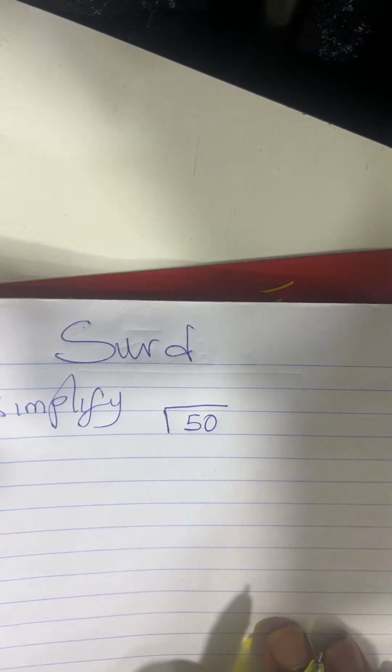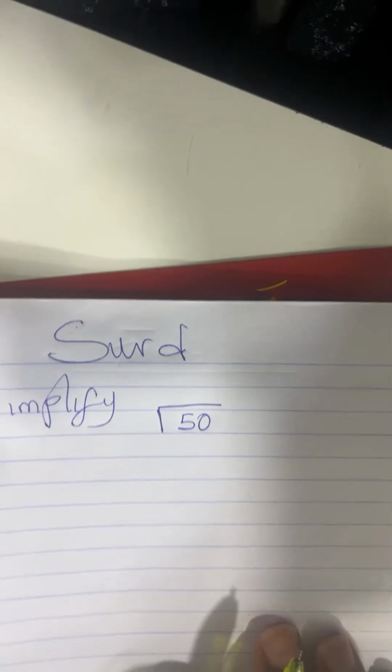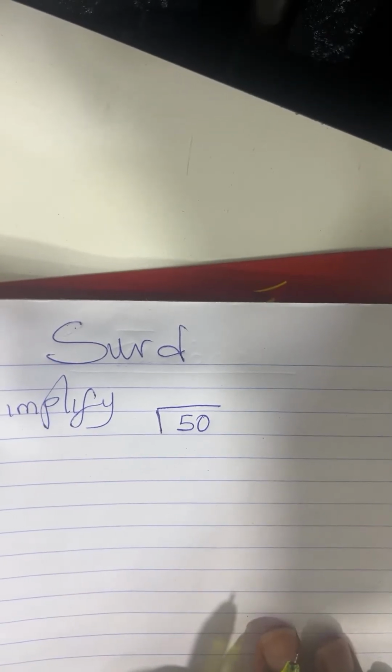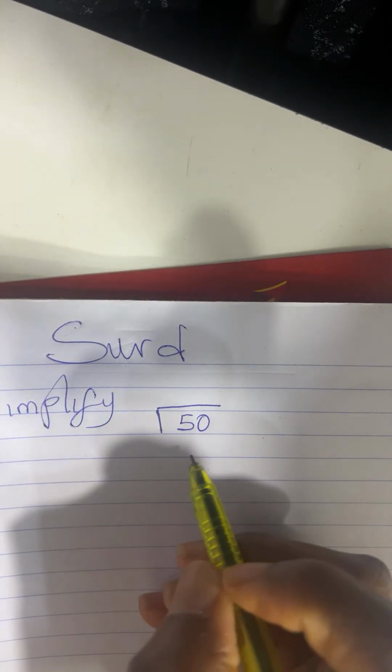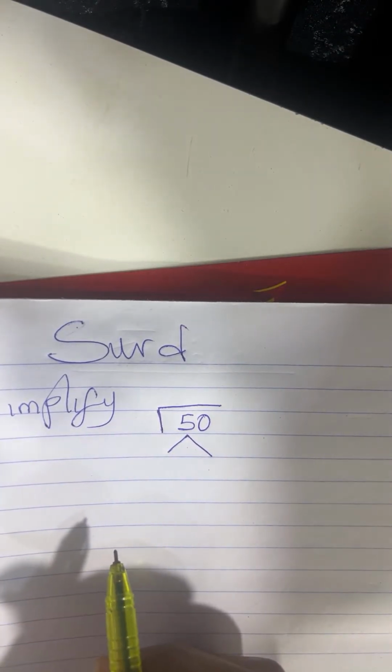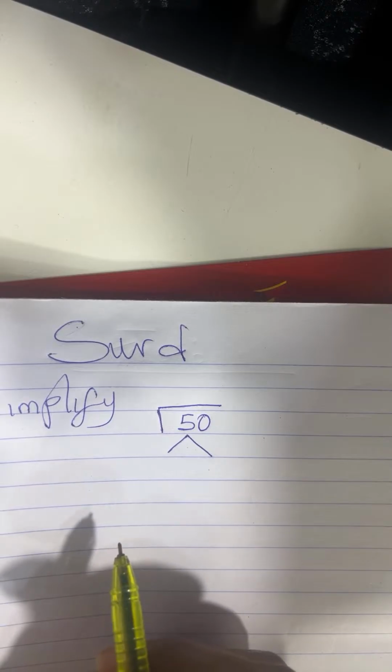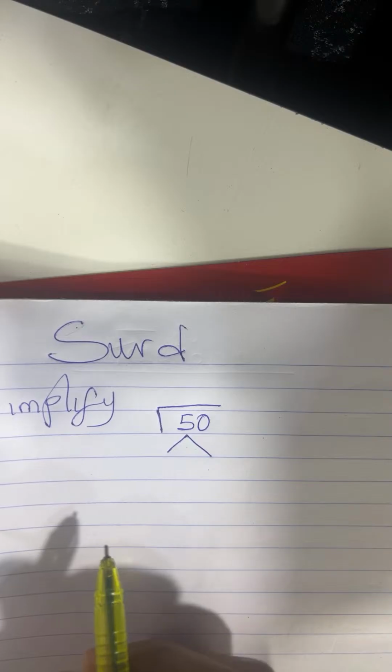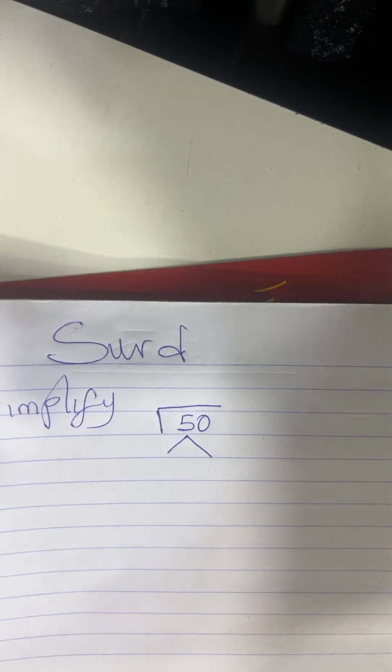All you need to do is look at the number in the square root. You are going to think or find the perfect square that multiplies to get the number in the square root, but one of them will be a perfect square, the other will not be a perfect square.